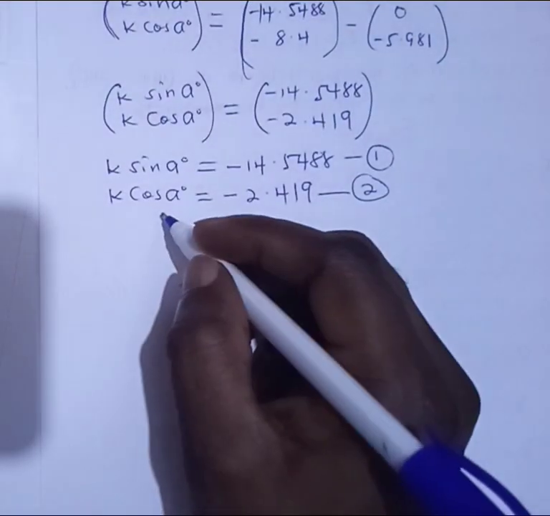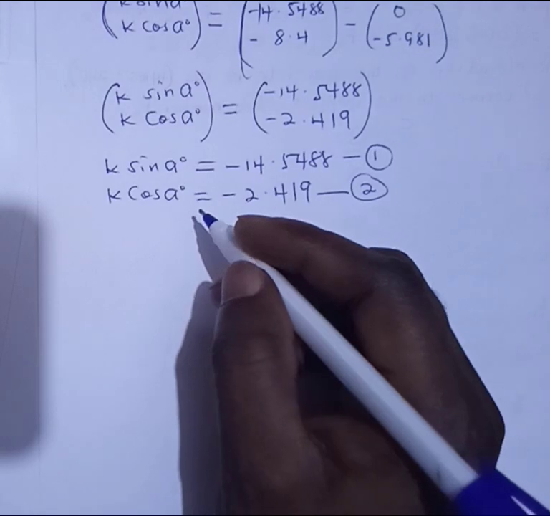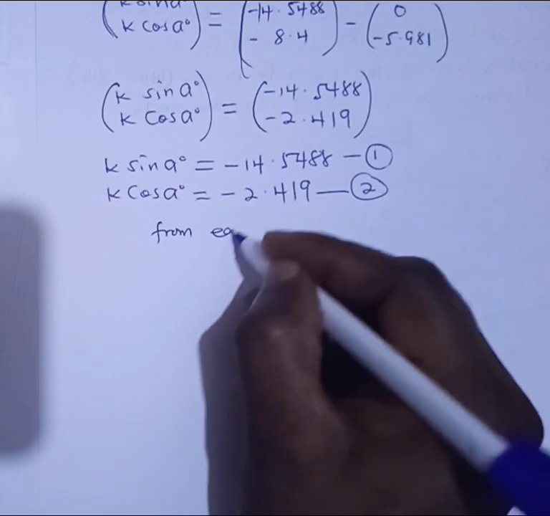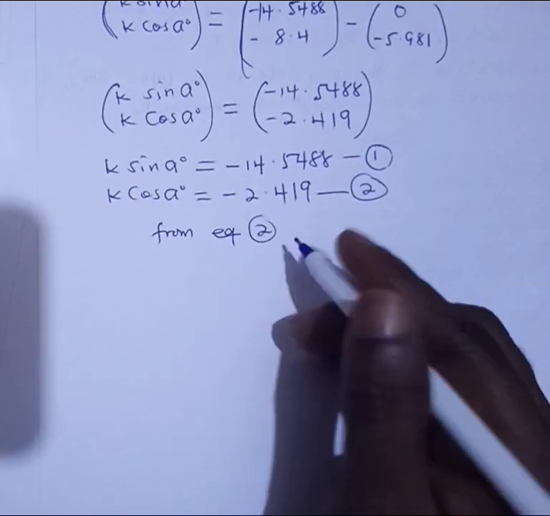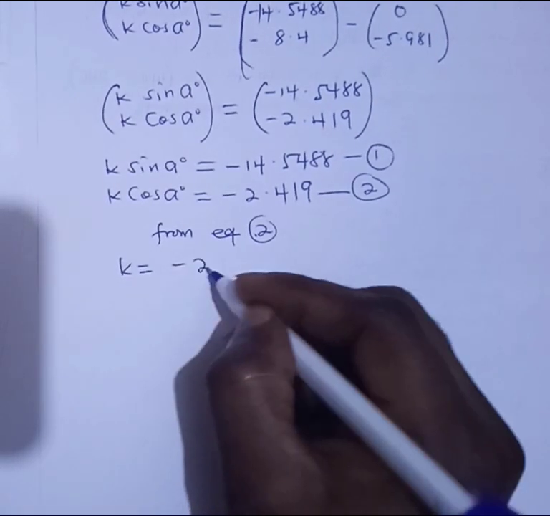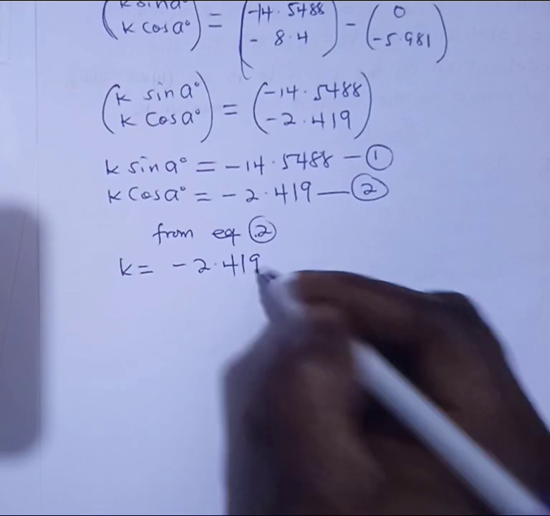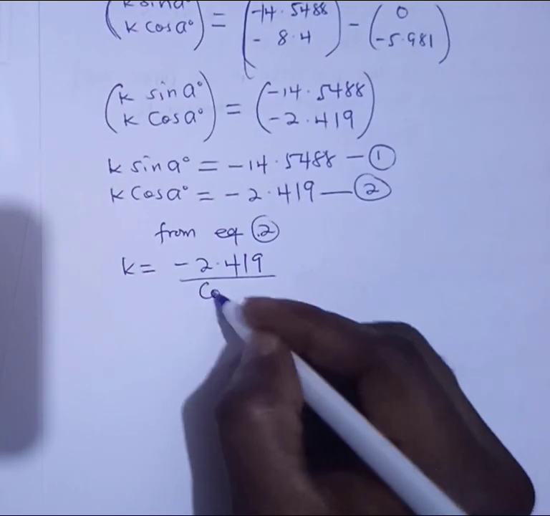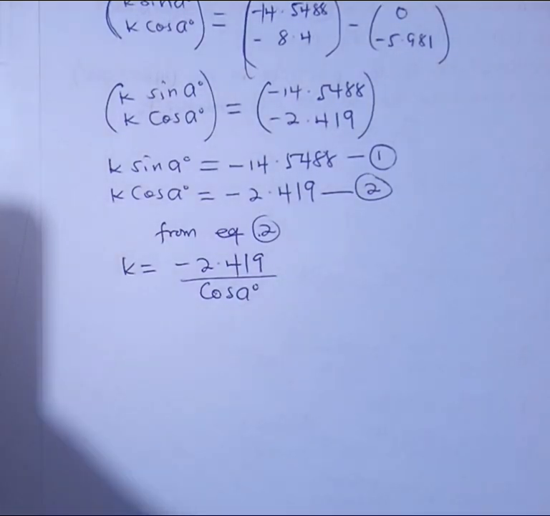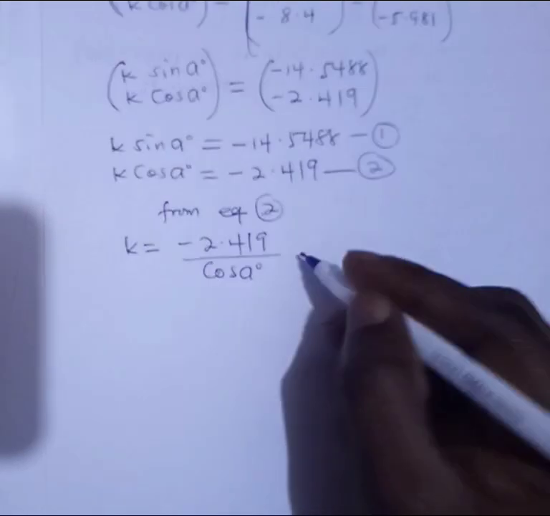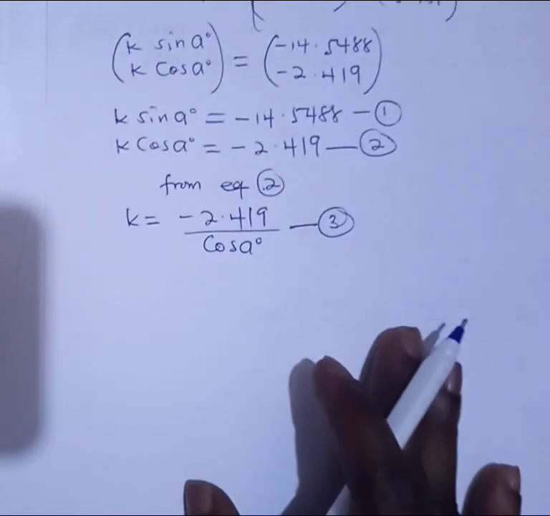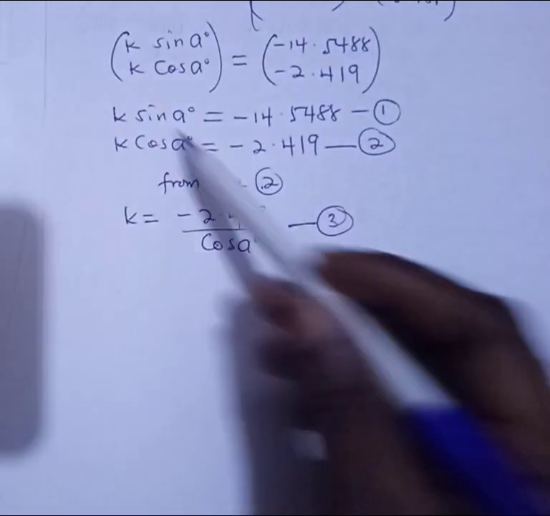Okay, so we need to solve these equations. From equation 2, we can say that k is equal to negative 2.419 all divided by cos a degrees. We can also call this equation 3.